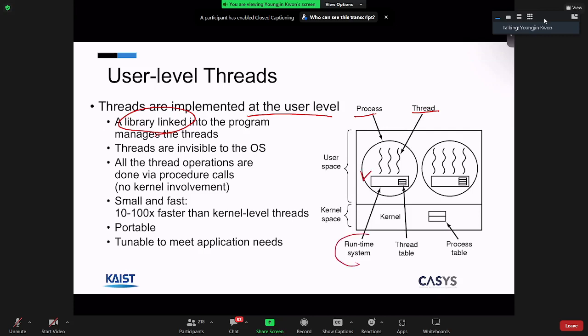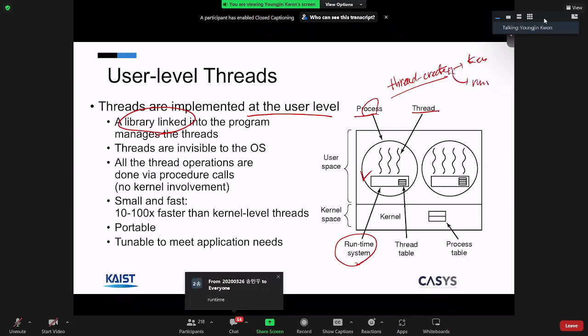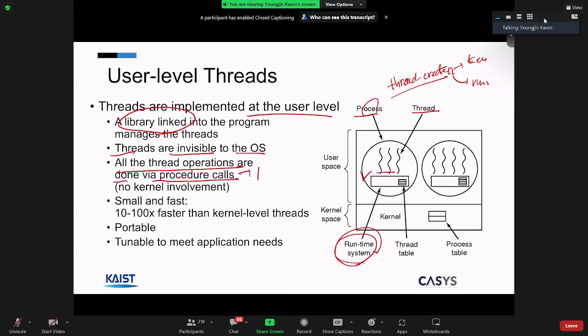And there is a runtime system managing the API. So when a process calls thread create, does it go to the kernel or the runtime? Clearly, the runtime. So this thread information is invisible to the operating system. All thread operations are a procedure call to the runtime.